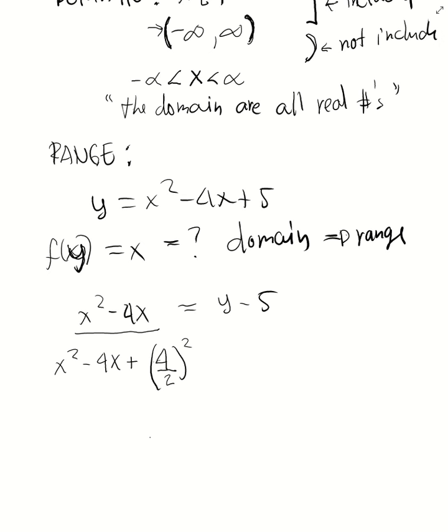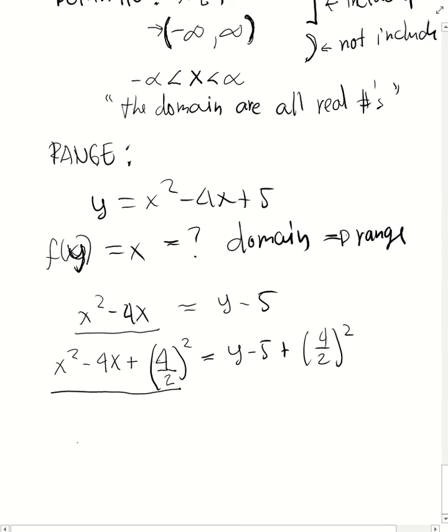So that's completing the square. But remember, what you add to the left side, you need to add again to the right side of the equation to neutralize it. So 4 over 2 squared. What is 4 over 2? That's 2 squared. Then you can factor this part, and this is just equal to x minus 4 divided by 2, that's 2, and we just square this one. That will be the factor of x squared minus 4x plus 2 squared.